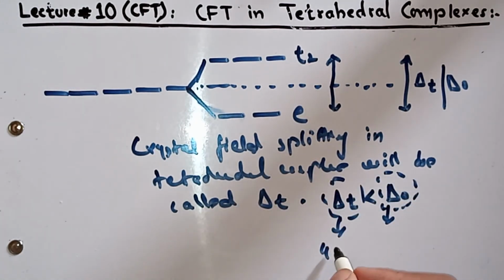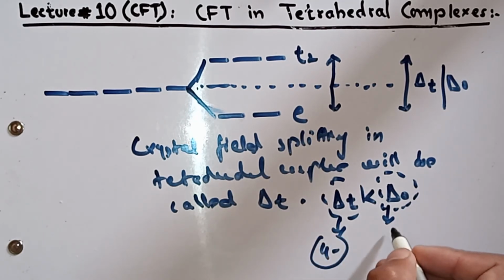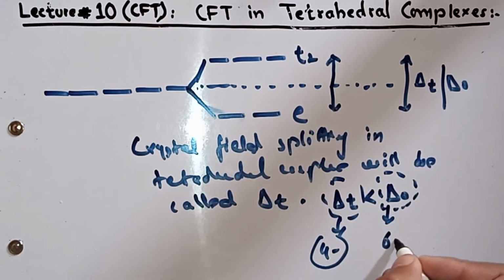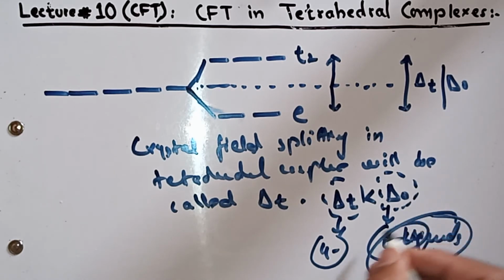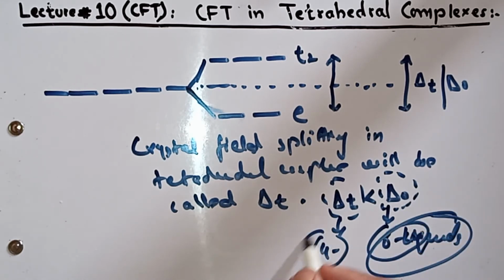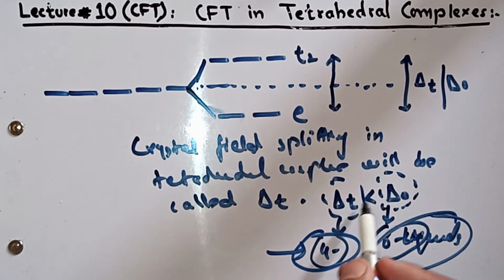Four coordination number of the central atom, while in octahedral complexes there is six coordination number. So six ligands have more interaction with the central atom, while four ligands have less interaction with the central atom. That's why delta T will be less than delta naught.